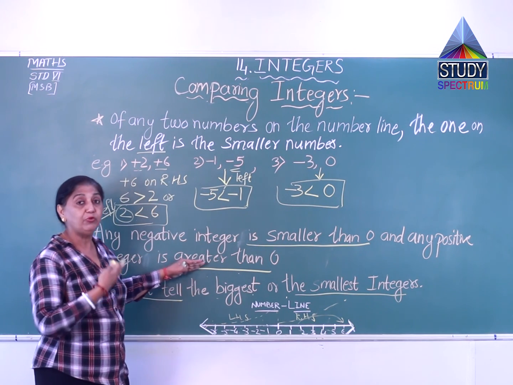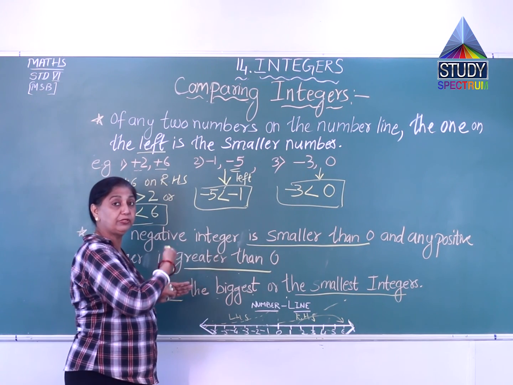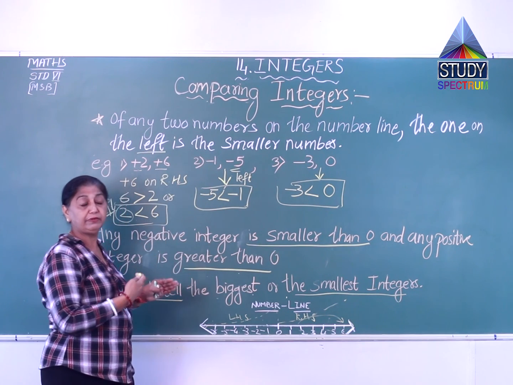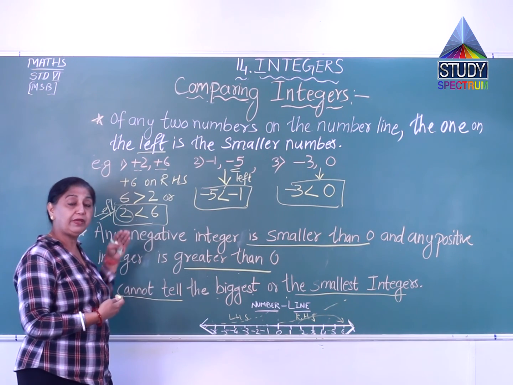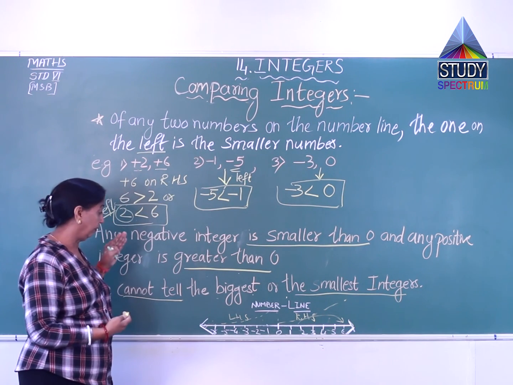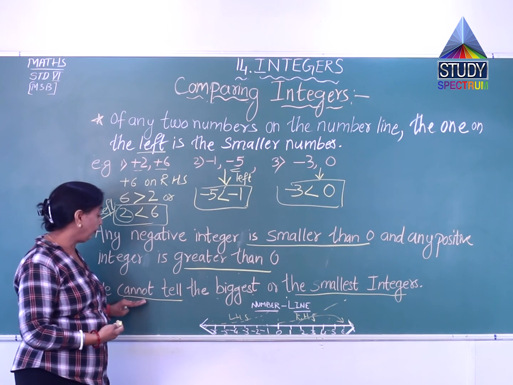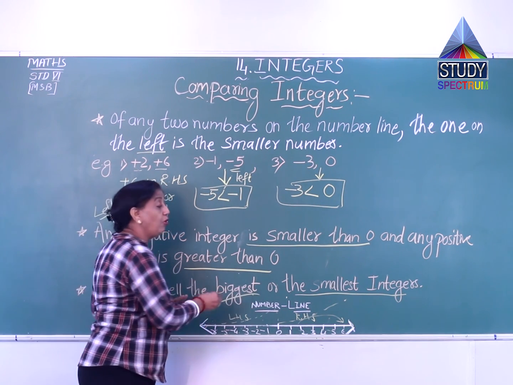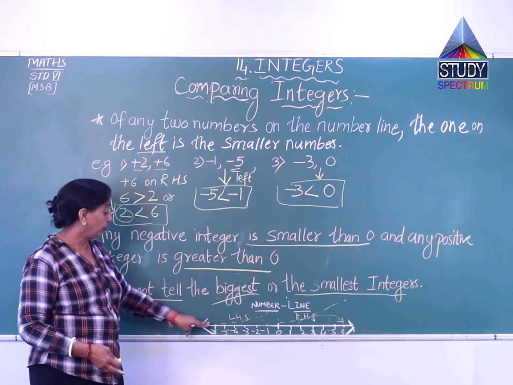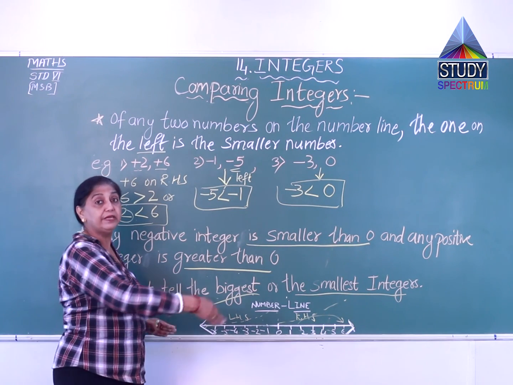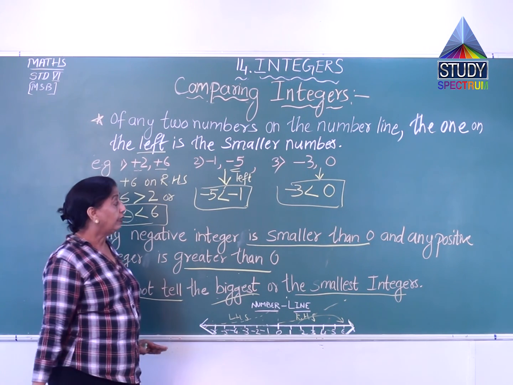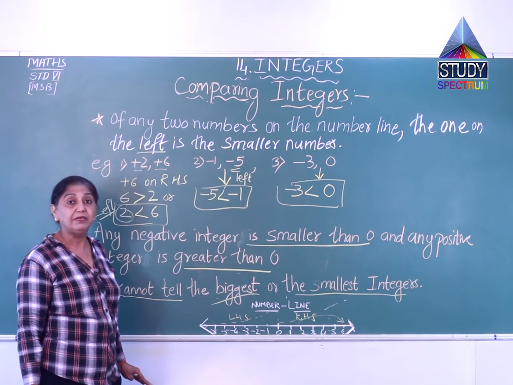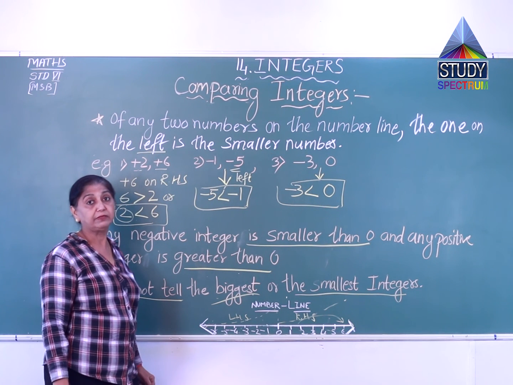As we have learned, moving to the right of the origin the value goes on increasing, and moving to the left the value goes on decreasing. And the last thing to remember is that we cannot tell the biggest and the smallest integer, because the arrow goes on, it is indefinite. Okay, now let's move to exercise 43 and solve that.